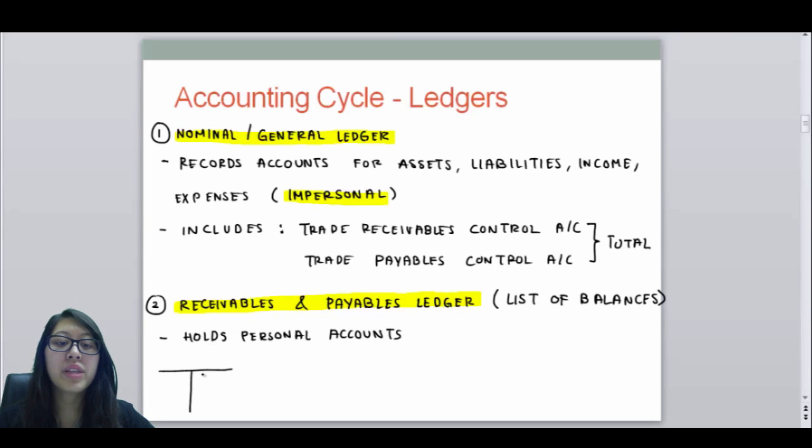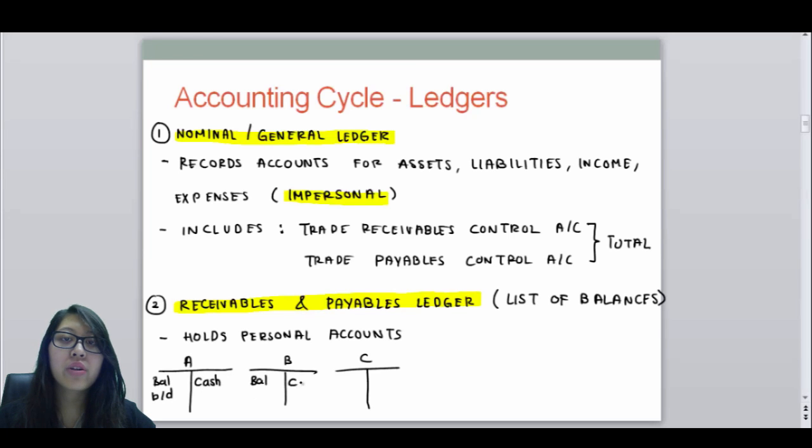So an example would be that I have 3 customers or 3 trade receivables, Mr. A, Mr. B, and Mr. C, and each of them would have their own respective opening balances, the balance brought down. And they would also have cash figures, let's say. Whatever transactions have occurred between myself and these customers would have to be recorded in their own respective accounts.